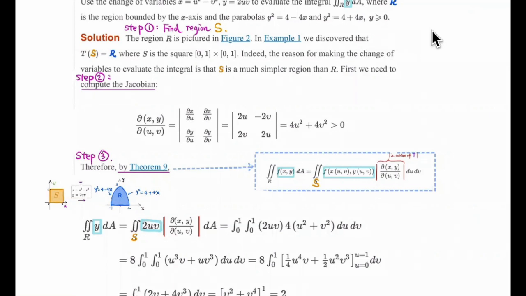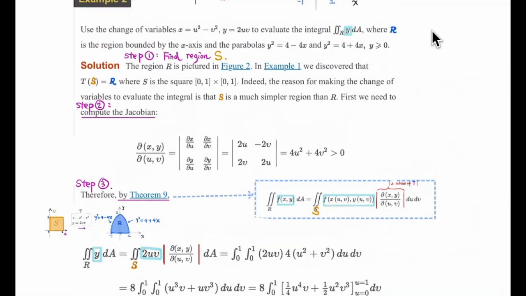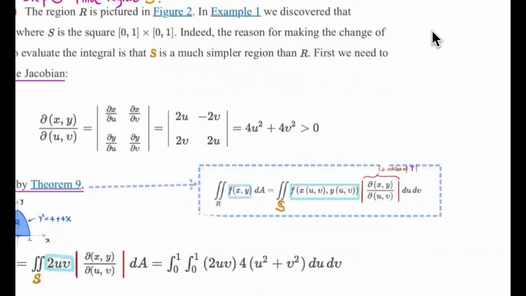So we're given this integral over here where the region that you integrate over is a little bit more complicated. Then what do we do here? We use the change of variable theorem for double integrals to do this.